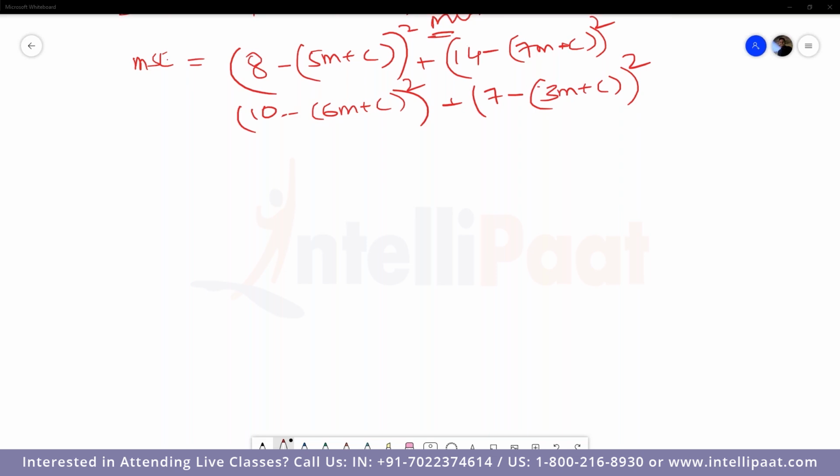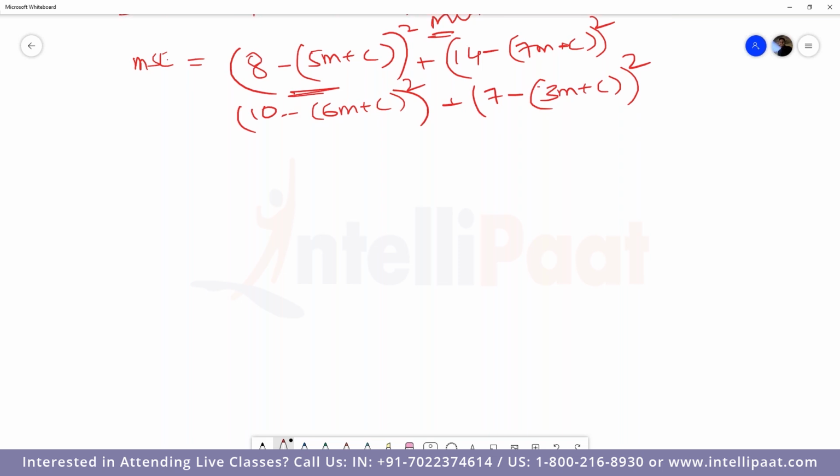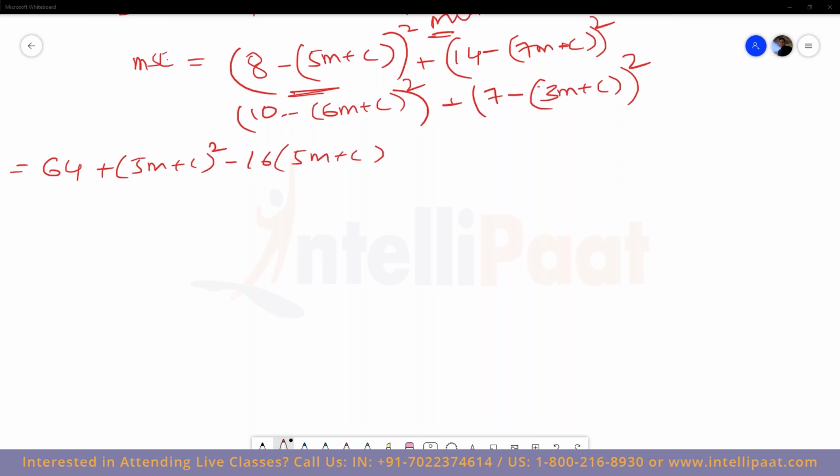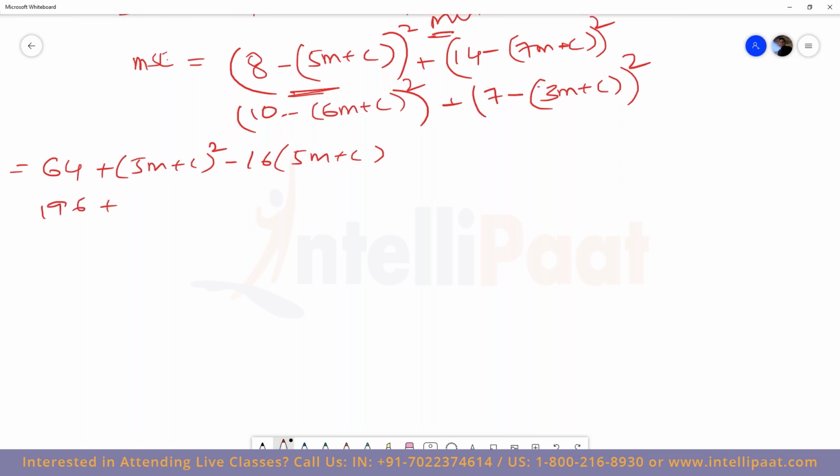So if you expand this equation out, 8 minus 5m plus c, this is going to be 64 plus 5m plus c the whole square minus 16 times 5m plus c. So a square plus b square minus 2ab. Similarly, the second is 14 square, which is 196, plus 7m plus c the whole square minus 28 times 7m plus c.